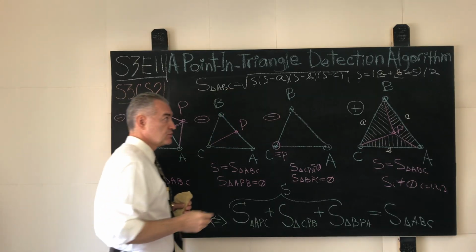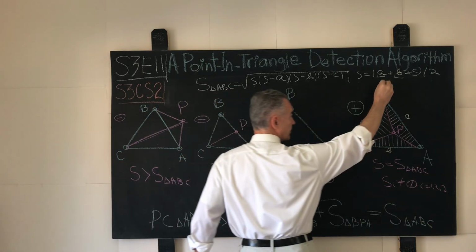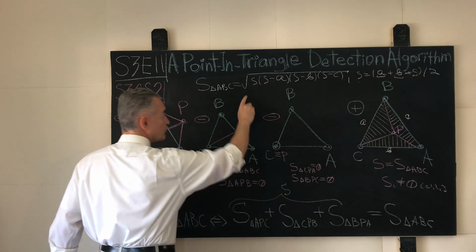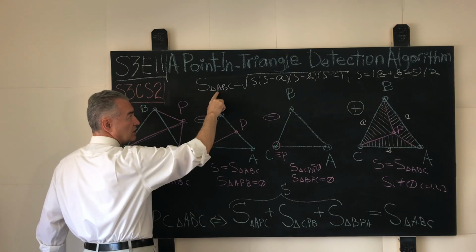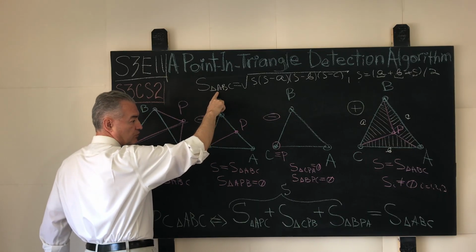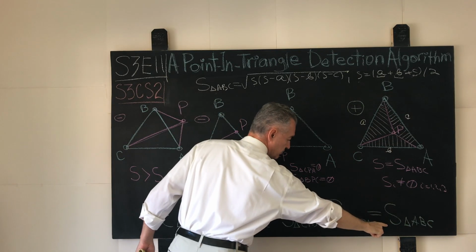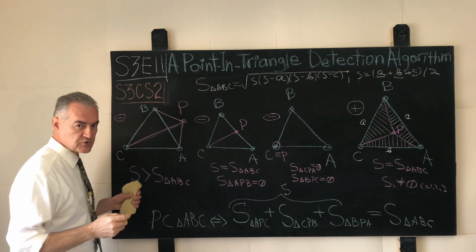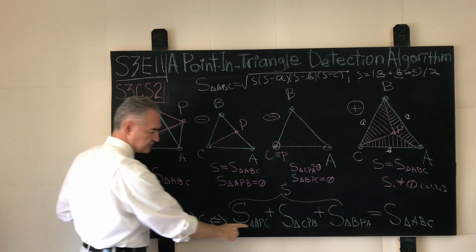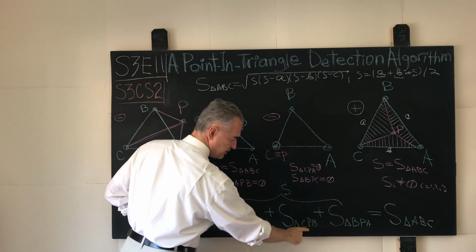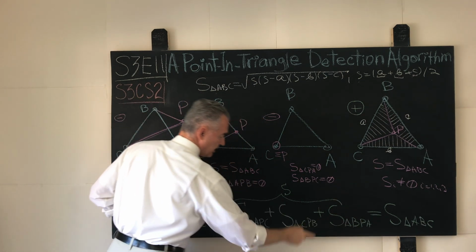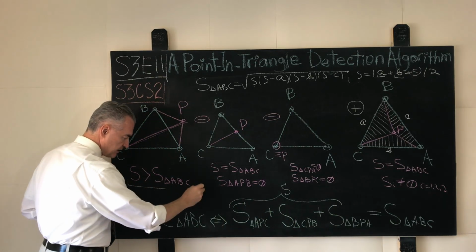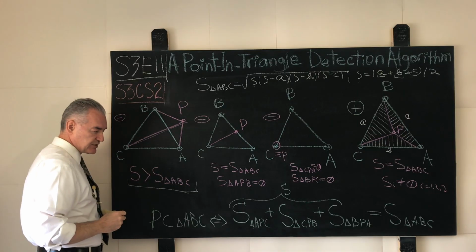We need to use square roots to compute the length of each side, and then we will need to use the square root a 4th time in order to compute the area of what? The parent triangle, and then the areas of all the smaller sub-triangles, if you will, the triangles APC, CPB, and BPA, and then run the analysis and write careful if statements.